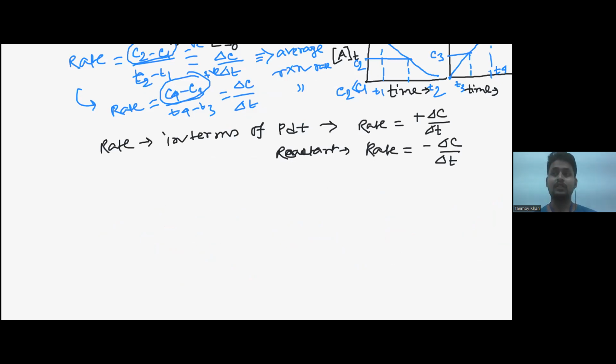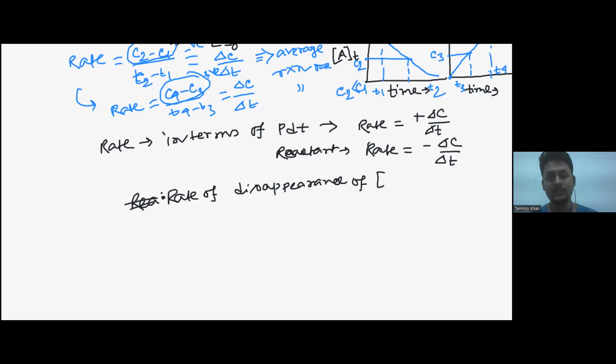So if you write it in terms of reactant, we normally write the rate of reaction as minus delta C by delta T.